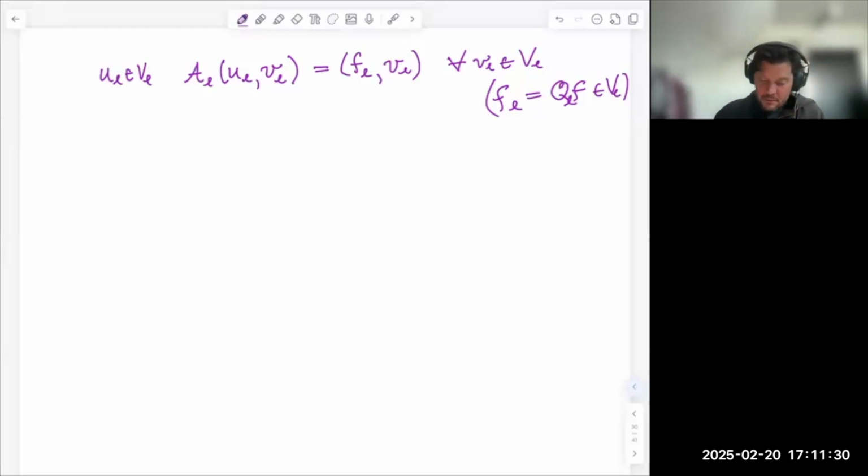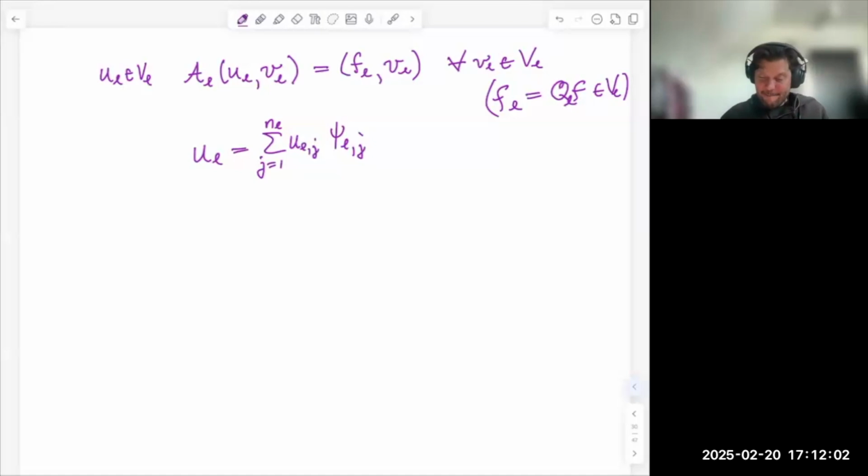Well, what I'm going to do is let UL be equal to its representation in the basis BL. That's going to be the sum from J equals 1 to NL of ULJ psi LJ.